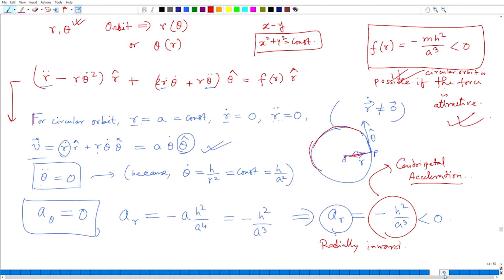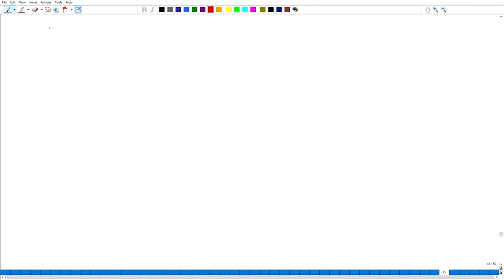Okay. So, for deriving a general expression for obtaining the trajectories, what we will have to do is the following. We have dr dt and d2r dt2 in the equations of dynamics.